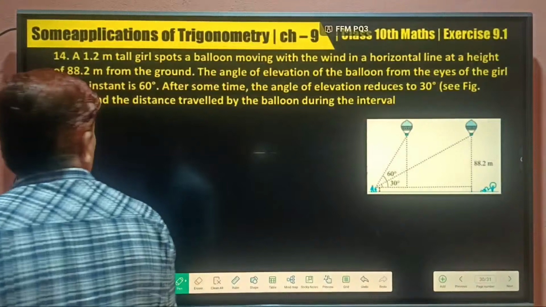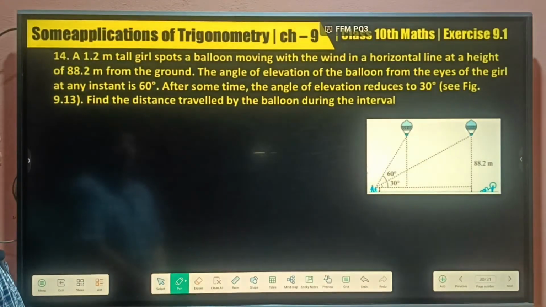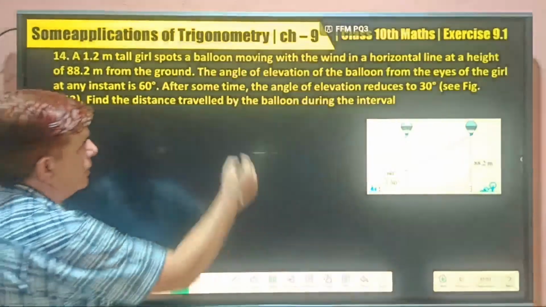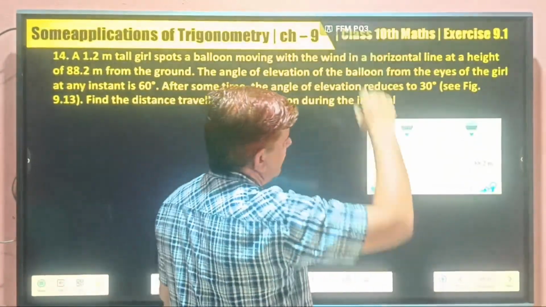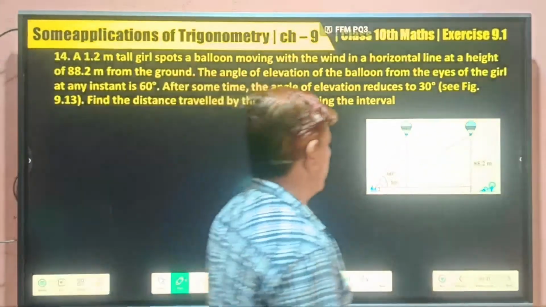One more question is given. A 1.2 meter tall girl spots a balloon moving with the wind in a horizontal line. Horizontal is this. At a height of 88.2 meters.